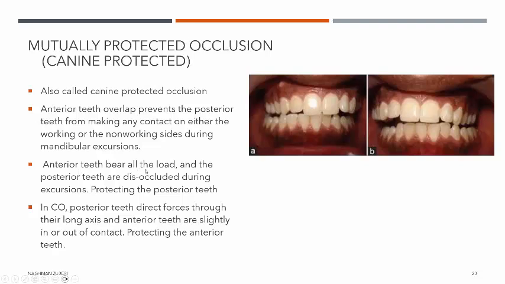Anterior teeth bear all the load and the posterior teeth are disoccluded in the excursive movements. So, posterior teeth are going to be protected in this way. In centric occlusion, posterior teeth direct forces through their long axis and anterior teeth are slightly in occlusion or they would be out of occlusion. They are not going to be in contact depending upon the situation. Hence, the anterior teeth are protected. That is why it's called mutually protected occlusion.